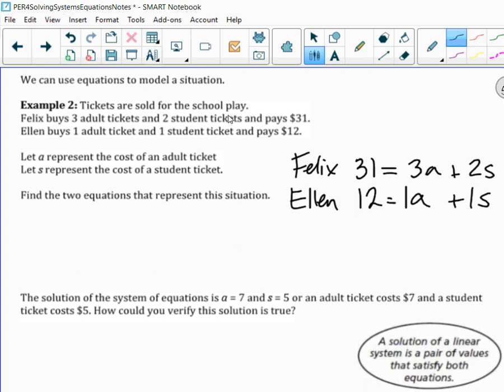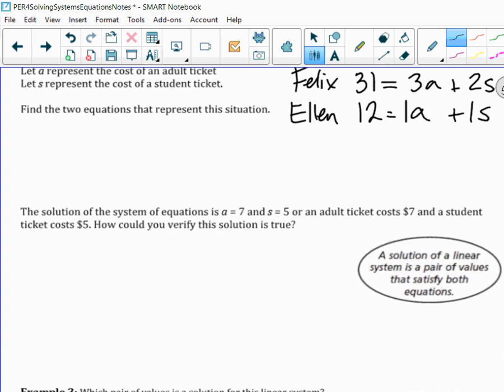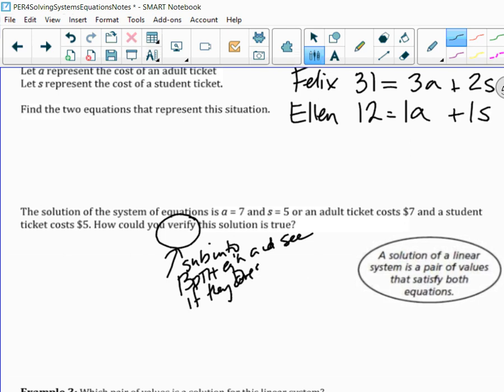Okay, so make sure you realize a verification means you sub into both equations and see if they are still true. You did this probably starting when you started doing algebra back in the day, grade 8, especially grade 9. You got a solution. If you wanted to make sure you did it right, you subbed that x in and saw if it was true.